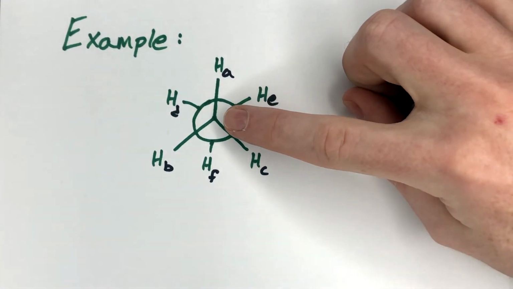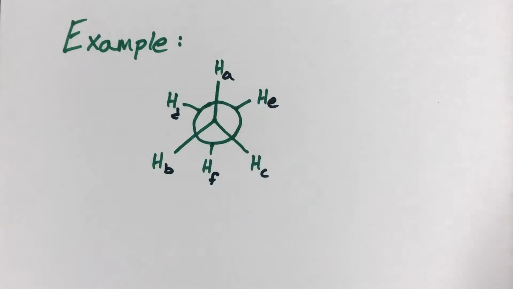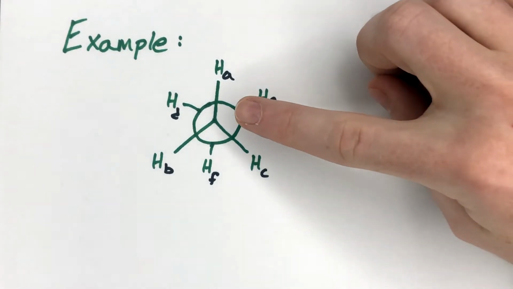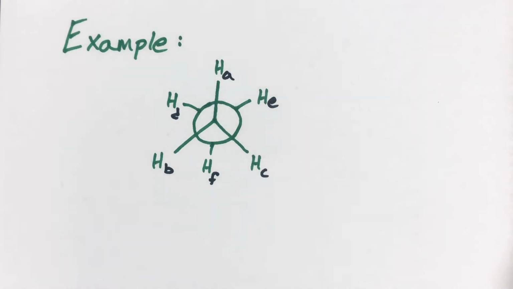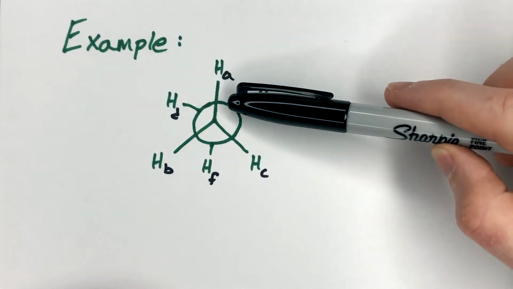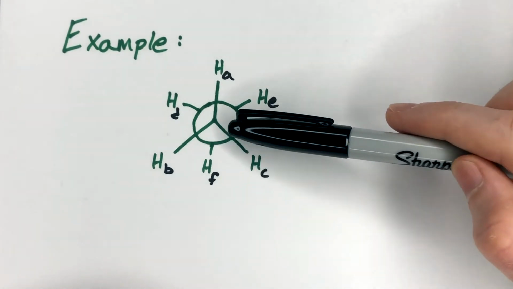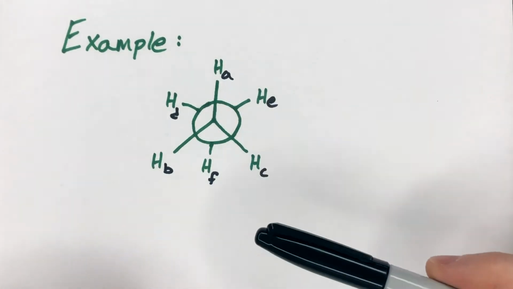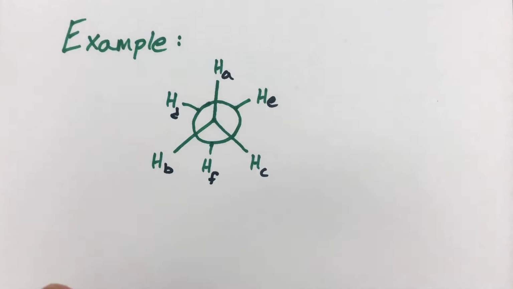There's a carbon at this front endpoint, just like in our normal skeletal structures where all endpoints have a carbon. So there's one in that front, and then there's a carbon behind that carbon as well that has the other substituents. In essence, there's a carbon in the front that's bound to HA, HB, and HC, and there's a carbon in the back that's bound to HD, HE, and HF.